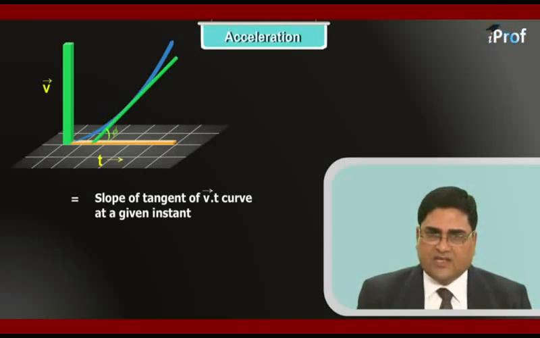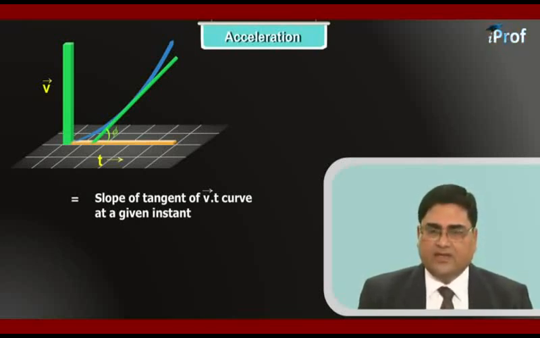So whenever an acceleration time graph is given to us, we can simply calculate the area between the acceleration time curve and the time axis, with suitable algebraic sign, and that will give us the change in velocity.